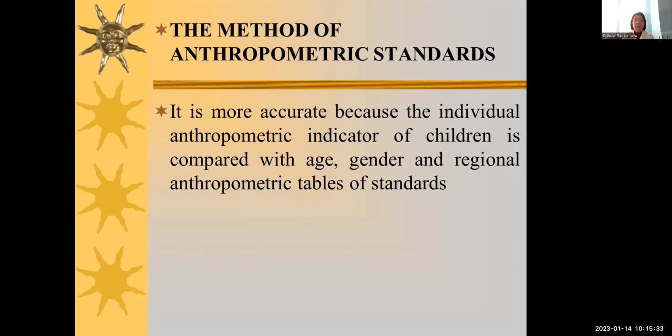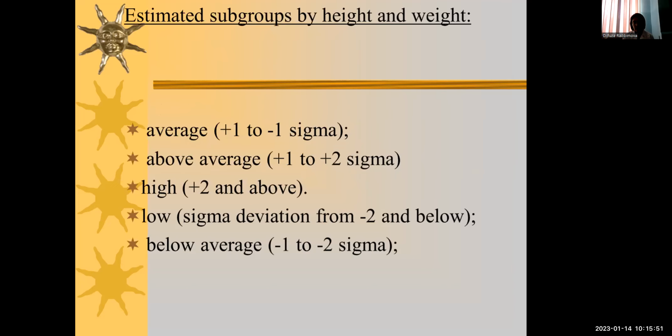The second method is anthropometric standards. It is more accurate because the individual anthropometric indicator of children is compared with age, gender, and regional anthropometric tables of standards.